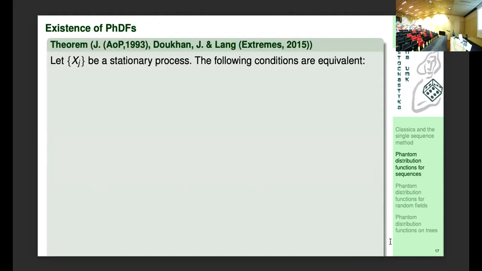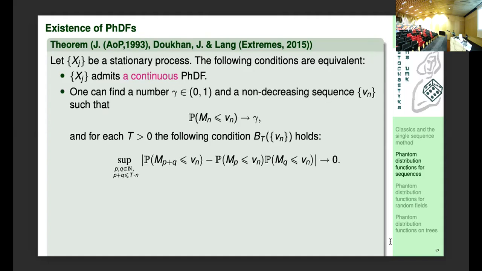In the same paper quoted already, we have a complete characterization, and this is a bit insightful. There are three equivalent formulations. If we have a stationary sequence, then Xj admits a continuous phantom distribution function. This is what is of interest for us. One can find a number gamma such that we have this, we know this is natural.